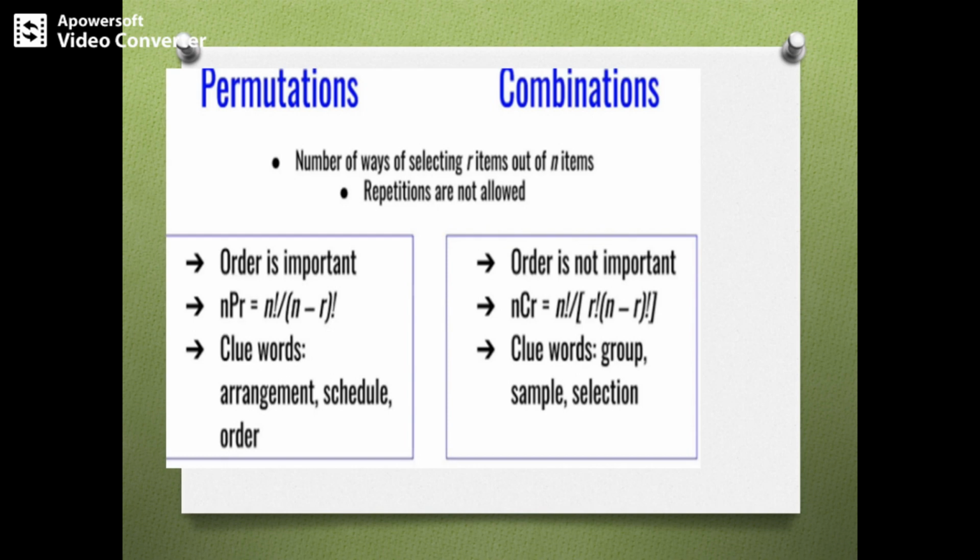In permutations you see terms like arrangement, scheduling, or order, whereas in combinations you see a group, collection, selection, or sample of items. We can also see the difference based on the definitions. Permutation is the arrangement; combination is how we select a subset of items from the larger set. Both have two variations: repetitions allowed and repetitions not allowed.